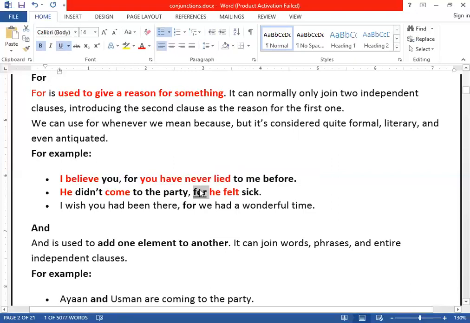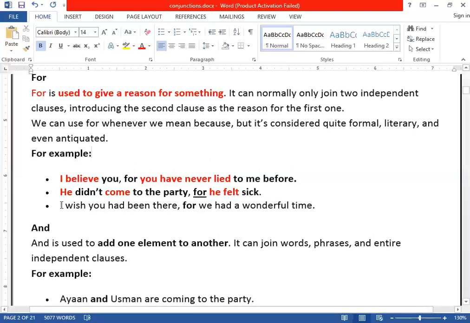It gives a reason. Like he didn't come to the party. Why didn't he come to the party? For he felt sick. Like FOR means because. But because is not a coordinating conjunction, it's a subordinating conjunction. Later on we will study it. It gives the same meaning. Like he didn't come to the party because he was sick. Or for example, I believe you because you have never lied to me. So you can also use FOR. FOR is a conjunction, but that would be a coordinating conjunction.